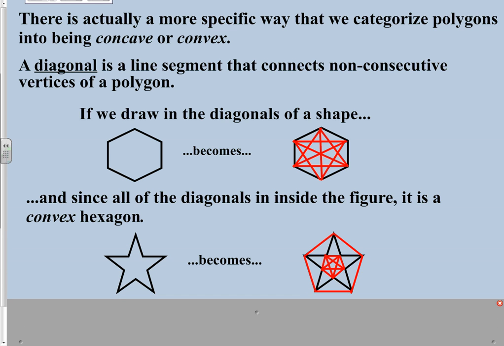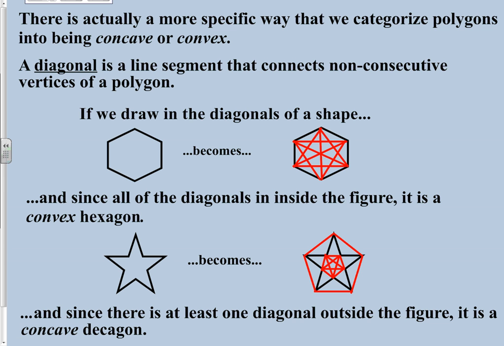On the other hand, if we look at a concave polygon and start connecting the diagonals, you can see we end up with a bunch of stuff inside of this decagon, as it turned out, a 10-sided polygon. Okay, but you can see that we have diagonals that are traveling outside of the polygon. Okay, that is part of being concave.